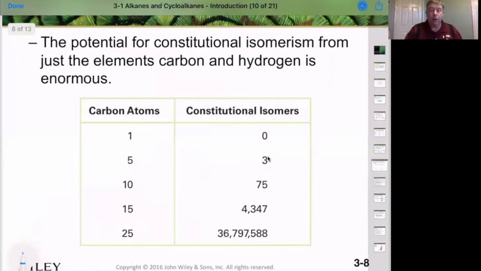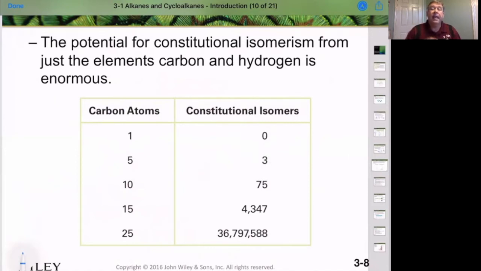The number of different constitutional isomers goes up with the number of carbon atoms you have. If you just have 1 carbon, you have 0 constitutional isomers because you have methane. It's 1 carbon with 4 hydrogens on it. However, once you go up to pentane, with 5 carbons, that allows 3 different constitutional isomers.